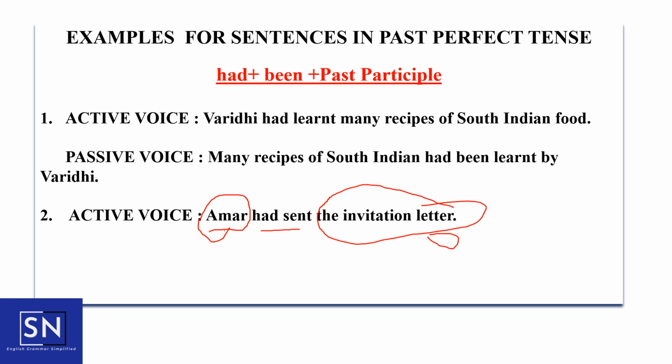Then had sent is the main verb. So when you change from active to passive voice, the invitation letter will be here and Amar is in the object place. Correct. So now let's see how we are going to change it.